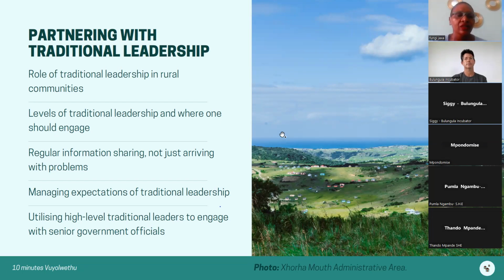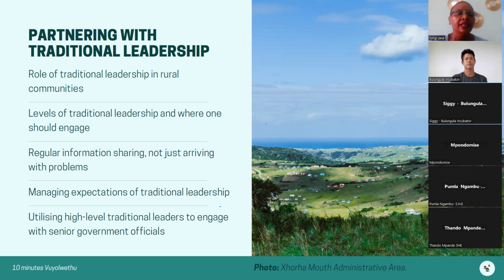Communities always say, what we've discovered is that you must always make people of that community be an inclusive part of what you are going to do. So we always say there's nothing for them without them. And the traditional leadership plays that link between the organization and the community that we are going to work with.